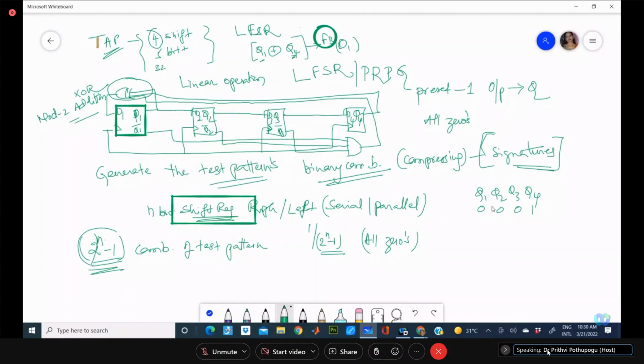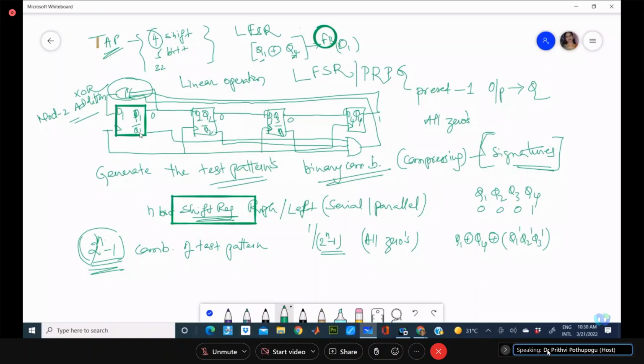Okay. After this, we are taking the negation of Q1 bar, Q2 bar and Q3 bar. That means negation of Q1, Q2, Q3 we are taking. And what is your feedback? This is Q1 XOR with Q4, already available. And we XOR one more extra parameter of Q1 bar, Q2 bar and Q3 bar, such that if this is 0, 0, 0, 1, this will give you 0 XOR with 1, that is D1 will be 1.